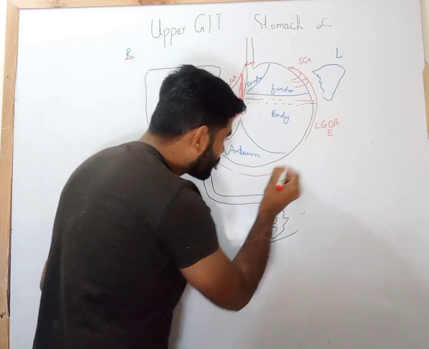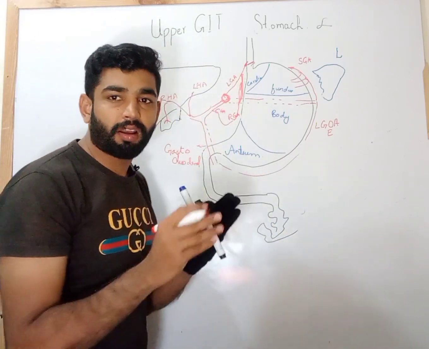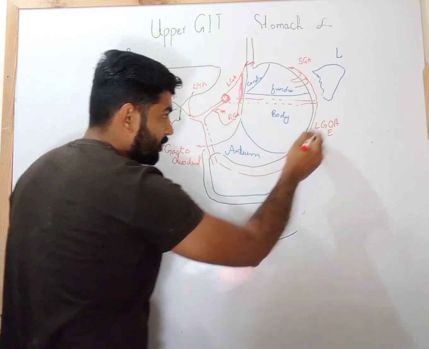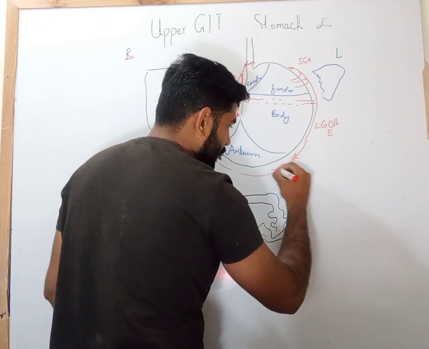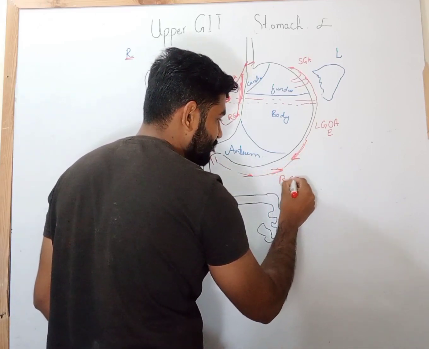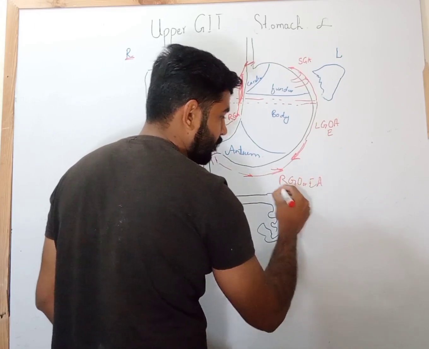Gastroduodenal artery gives the right gastro-omental artery or right gastro-epiploic artery, and it anastomoses with the left gastroepiploic artery. This is the right gastro-omental or epiploic artery.